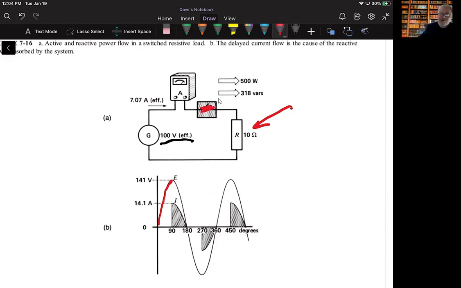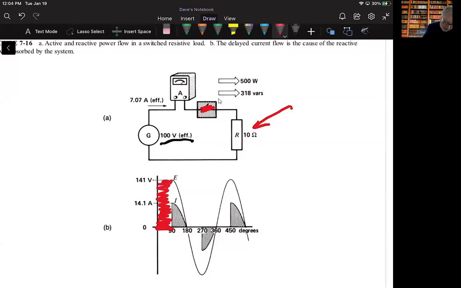Well, the idea there is similar to what we were looking at earlier. But basically what happens is the current is going to lag the voltage, right? It lags the voltage during this entire period here, okay?